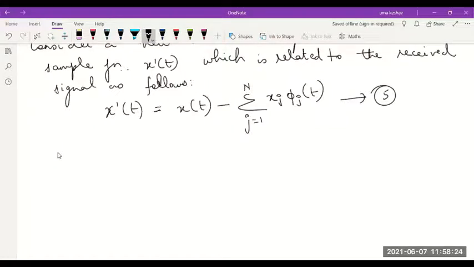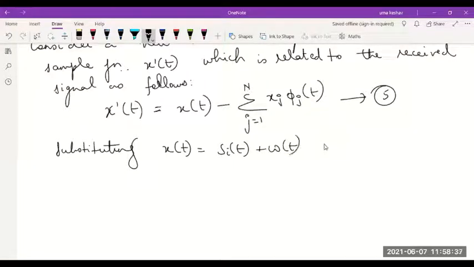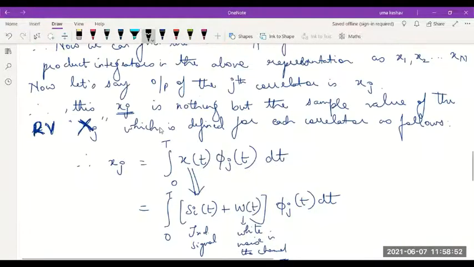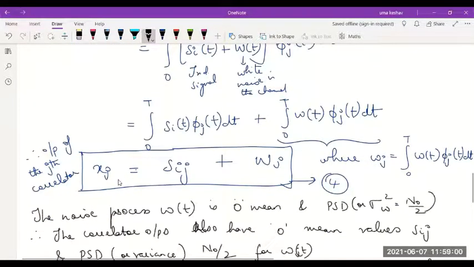So using this, let's say substituting the value of x of t as si of t plus w of t, and we know what was xj. This x of t was the received signal which was transmitted signal plus white noise. And what did we consider as this xj? We showed that this xj is the jth correlator output. Xj is the output of the jth correlator.